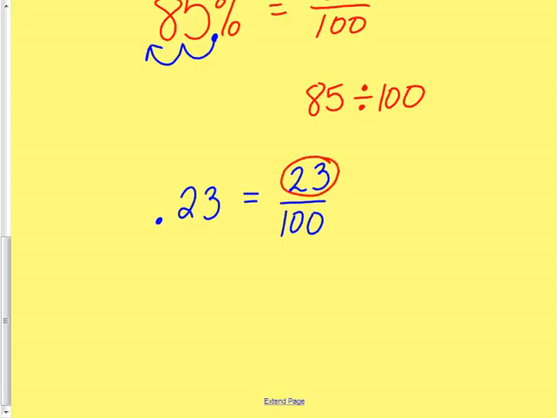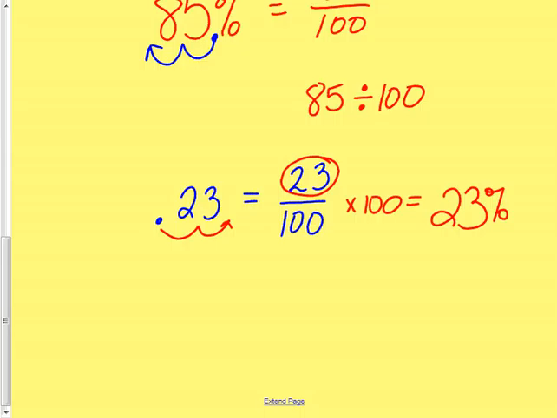So the way you're going to do that, we need to get rid of the divided by 100, is to multiply by 100. And that gives you 23. So it's 23%. And so what you've really done there, the multiplying by 100, is moving the decimal 2 places to the right. So that's why that whole trick of moving 2 places to the left or 2 places to the right works. It's because when you do that, you're either dividing or multiplying by 100, which is what you're doing when you're converting between decimals and percents.